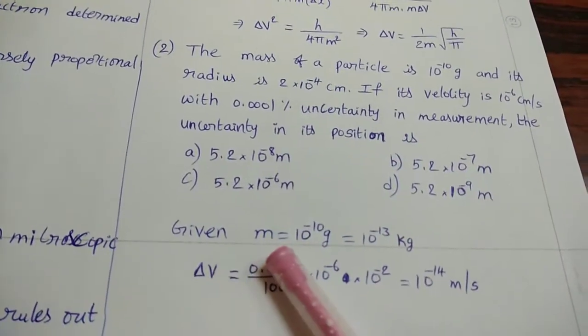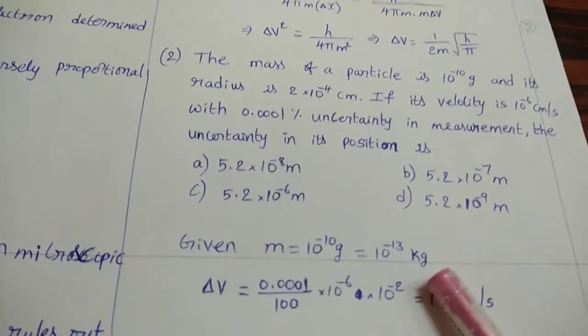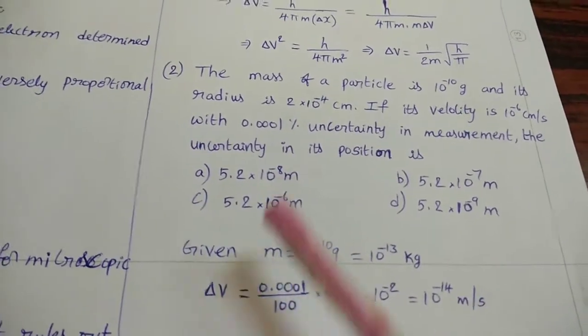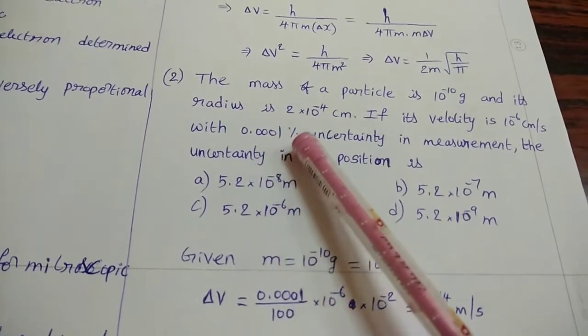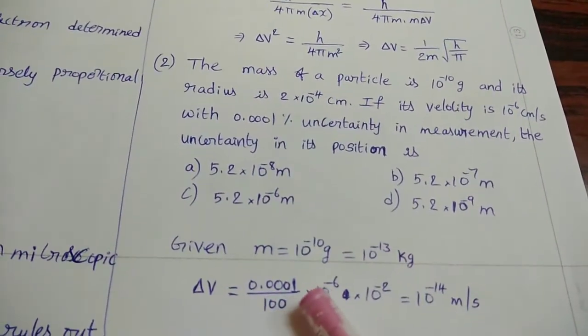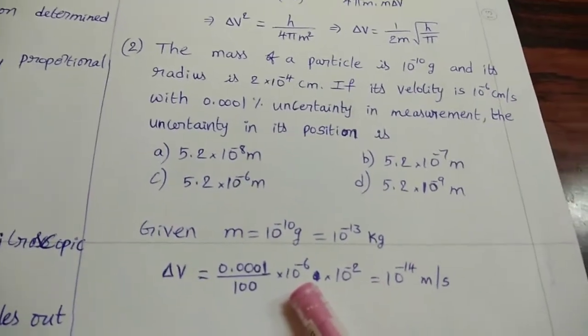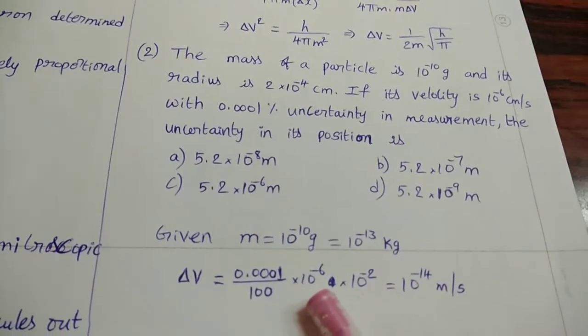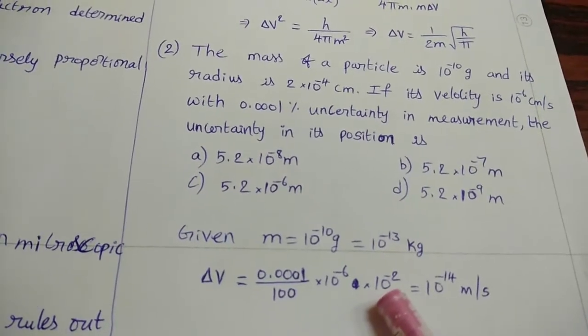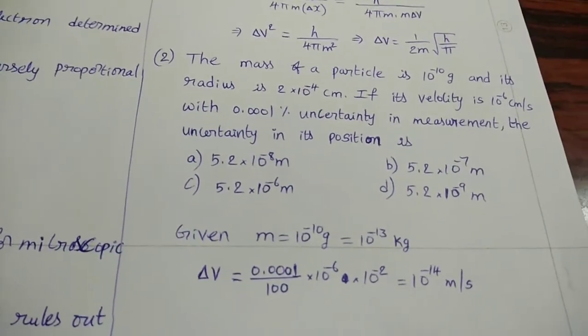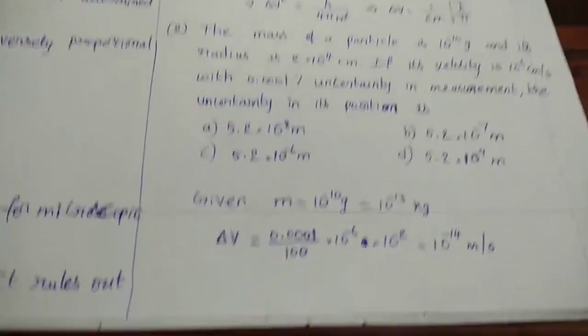For this, convert the given mass in grams into kilograms. Uncertainty in velocity delta v, how much percentage? 0.0001. So 0.0001 by 100 into 10 power minus 6 centimeter. Convert that into meters, which means we have to multiply with 10 power minus 2. So finally delta v equals 10 power minus 14 meter per second.